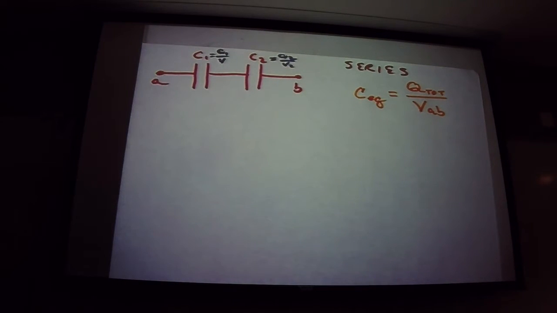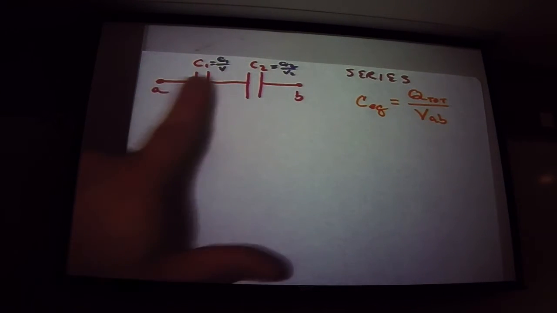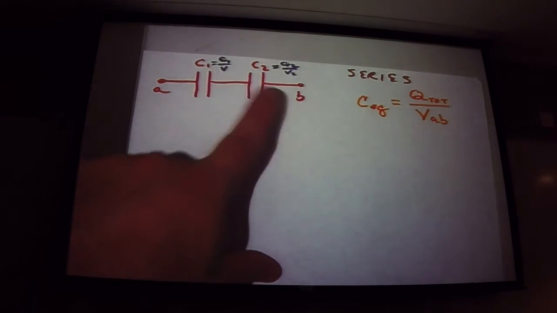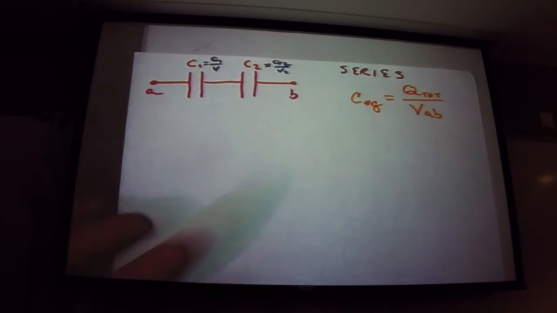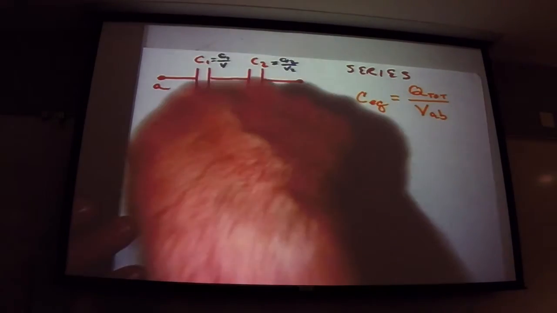If I go the voltage between A and B, I have to go across V1 and V2. So we're not equal anymore, but what happens? V total is V1 plus V2.